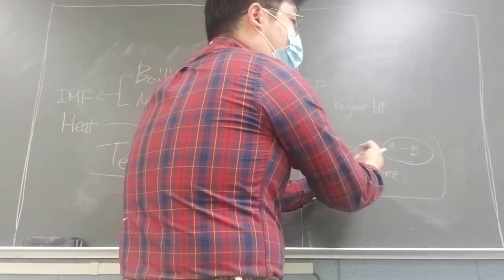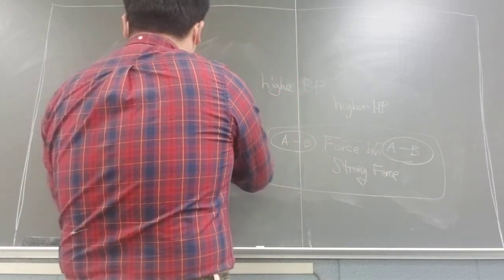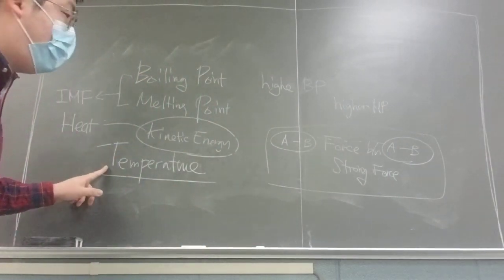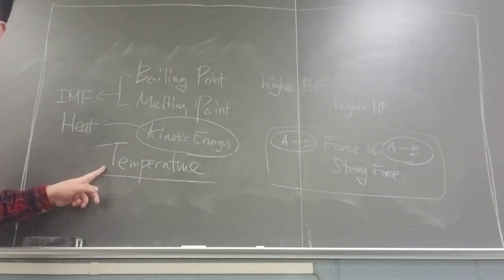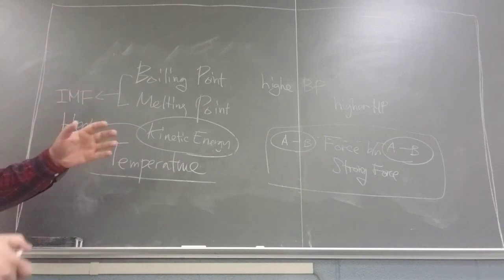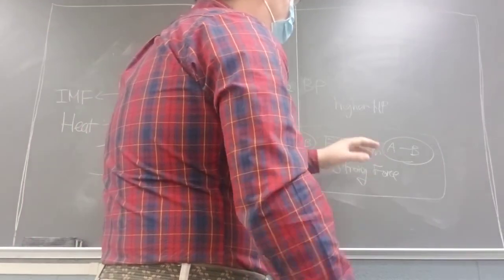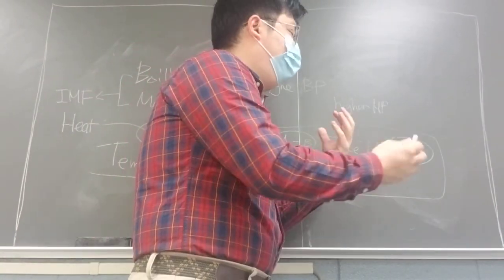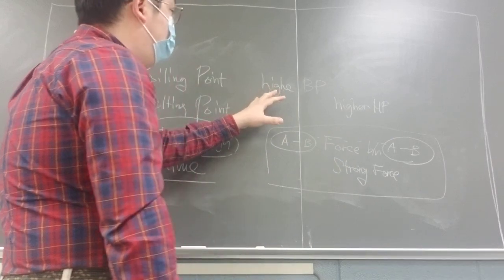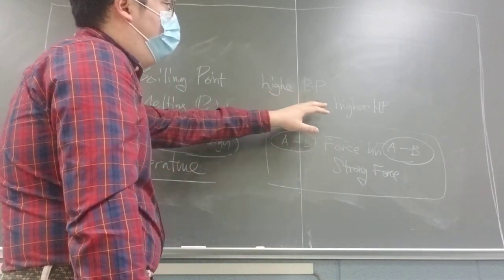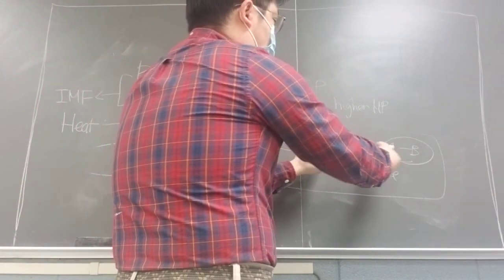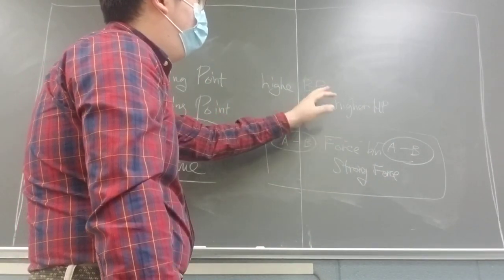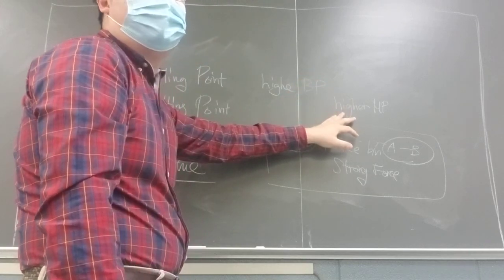So if they're strongly bound together, you need more heat energy to break apart, meaning you need a higher temperature. So if these two have a strong force there, you're going to have higher boiling or melting points. If those forces are very weak, you're going to have lower boiling points and lower melting points.